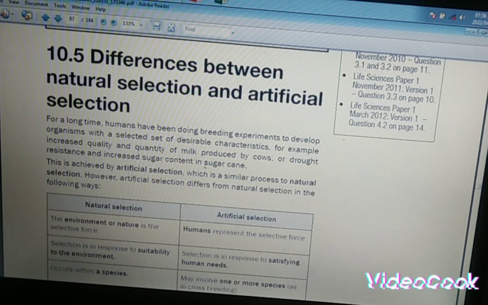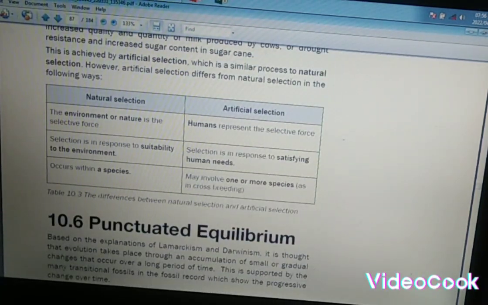And now we need to have a look to say, what is the difference between natural selection and artificial selection, right? So at first we are saying on natural selection, the environment or nature itself is the selective force. I'm sure you can remember the cacti that we looked at before.